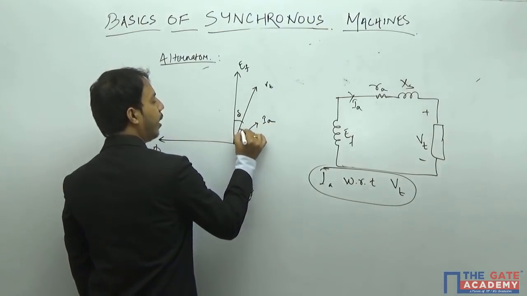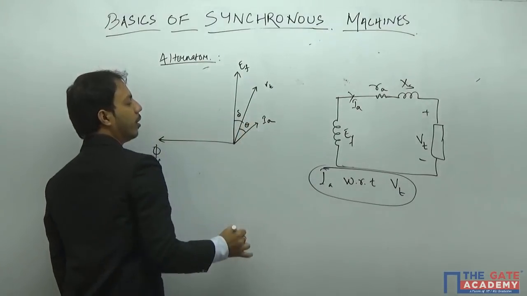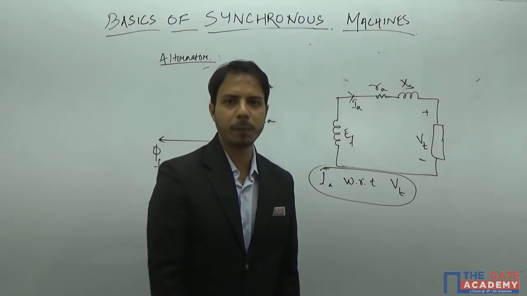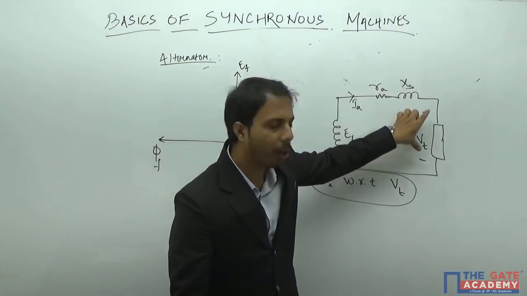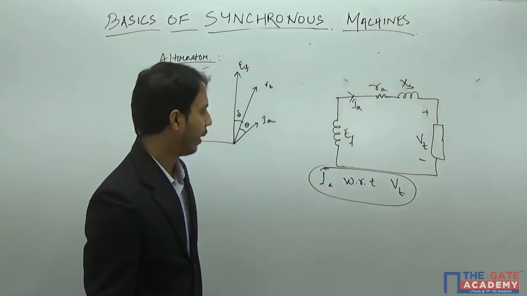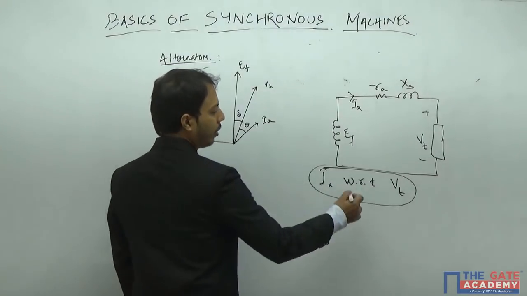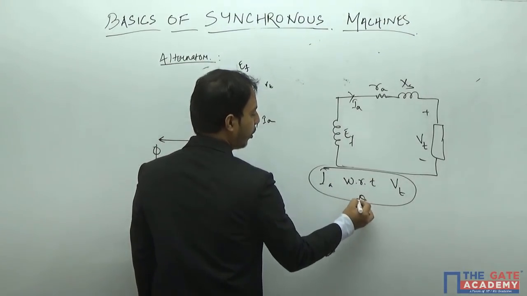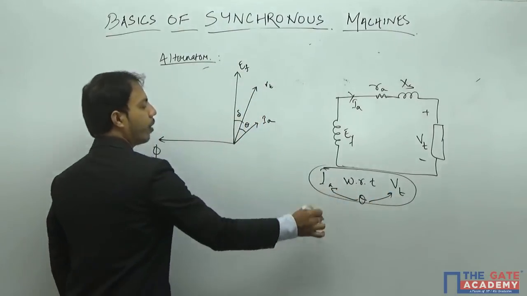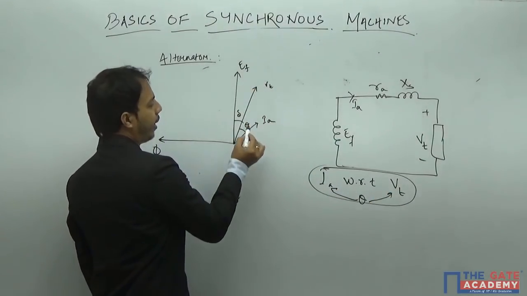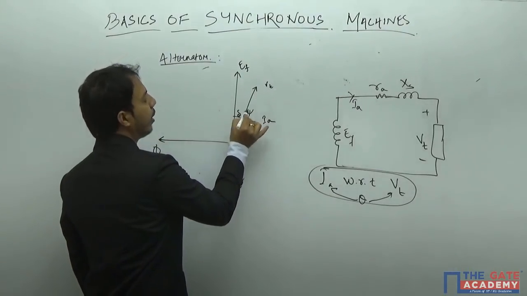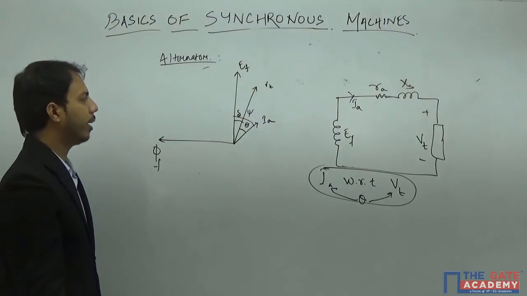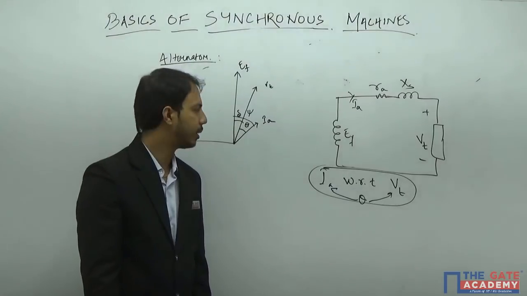And this theta is nothing but the power factor angle, the output power factor angle or load power factor angle. This theta is between IA and VT. The angle between EF and IA is basically called the internal power factor angle, and we represent that by psi.